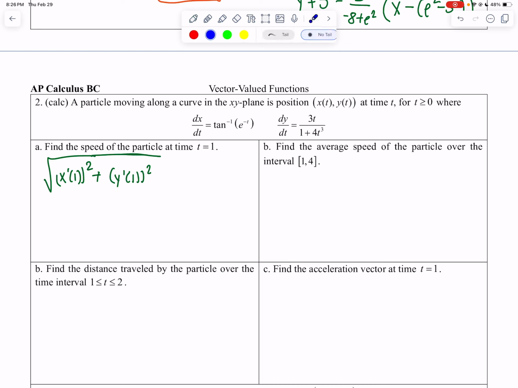Oops, I forgot to take the square root. Hold up. Go ahead and raise everything to the 1/2. There you go. And that's going to give me 0.2086. That's going to be my average speed of the particle over 1 to 4.